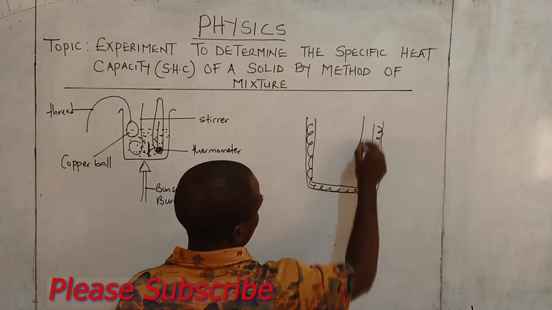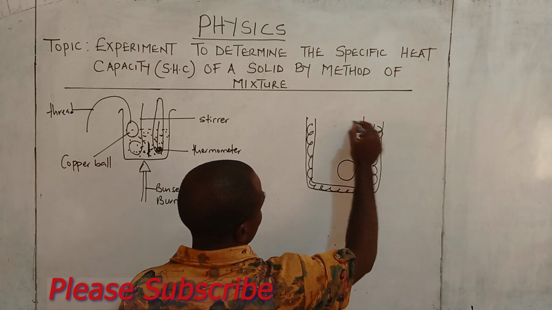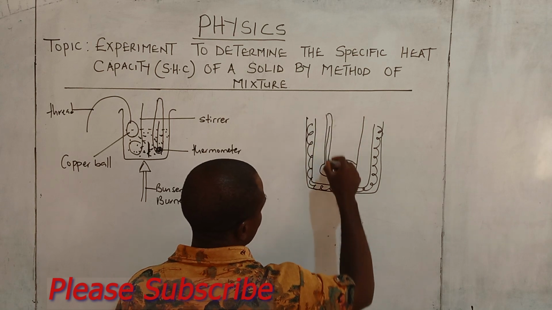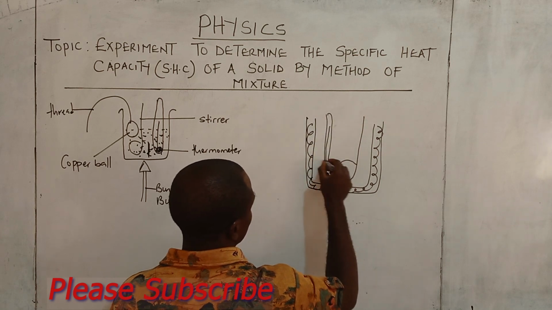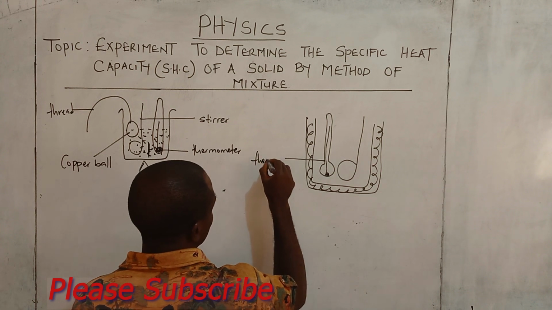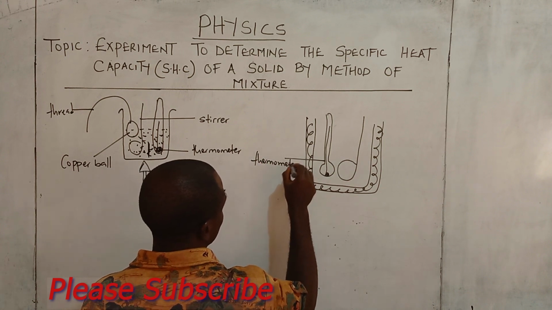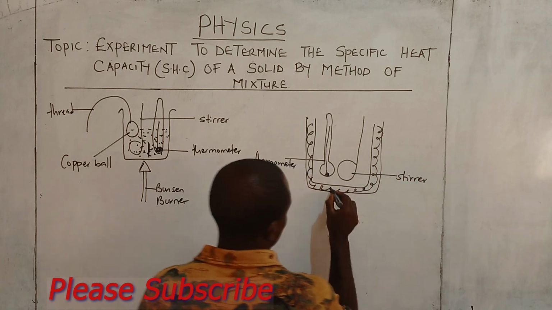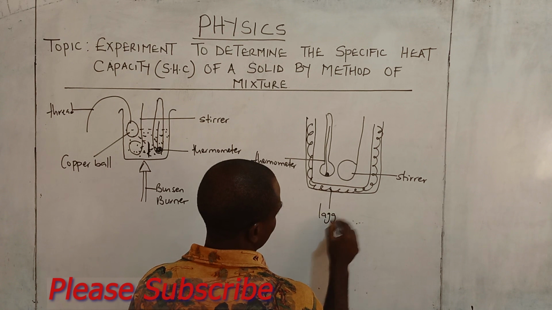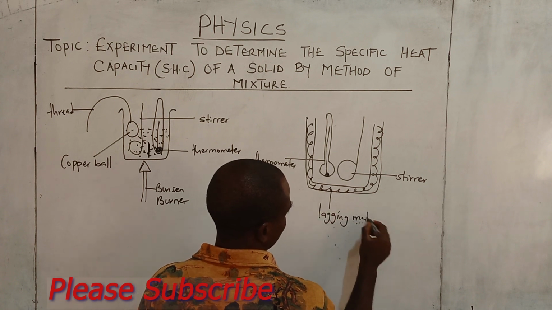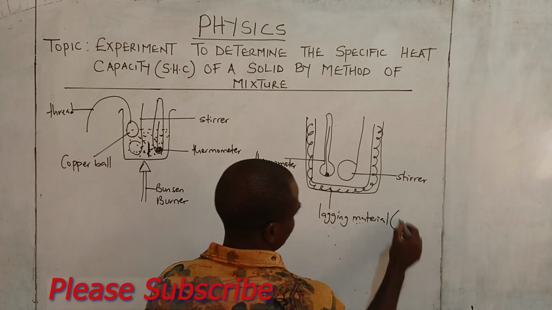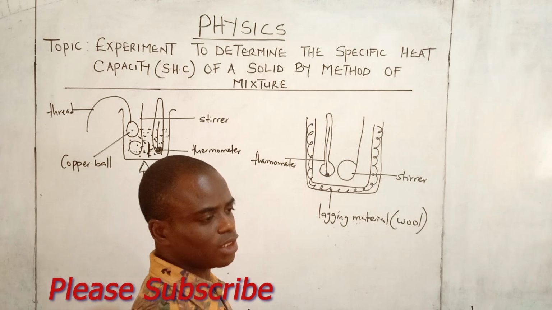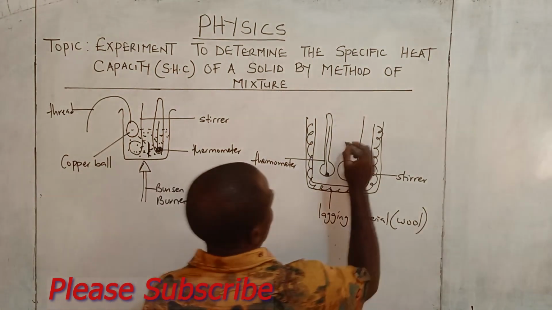In the lagged calorimeter we have the stirrer, the thermometer, and the lagging material, wood especially. The purpose of the lagging material is to prevent the heat loss to the surrounding.